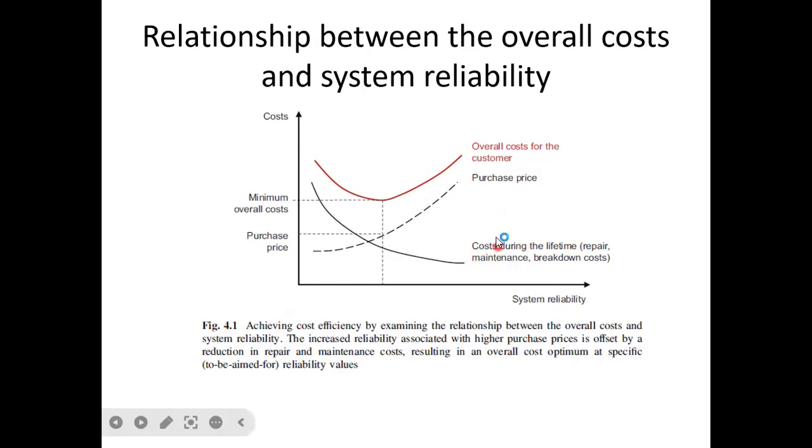So this is the cost during the lifetime of one product, because the device will need repair, maintenance and breakdown costs. If you buy a product, the purchase price is minimum, then slowly the purchase price also increases later. By considering these two graphs, this is the overall cost for the customer.